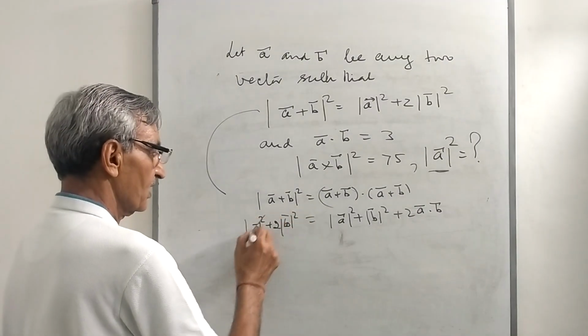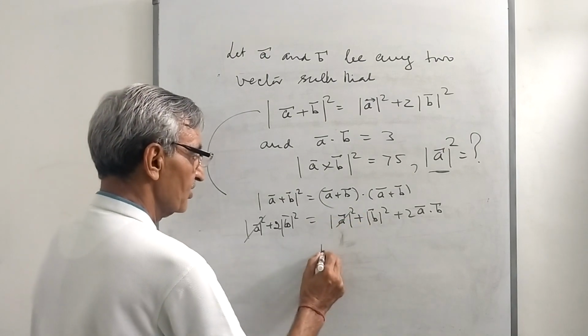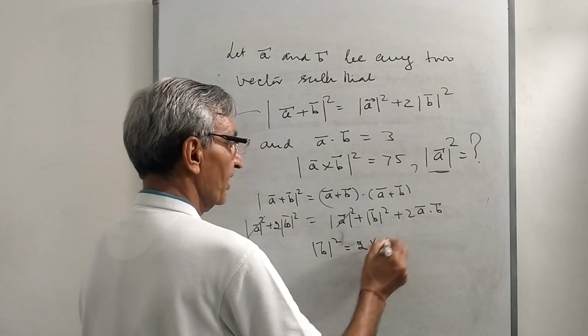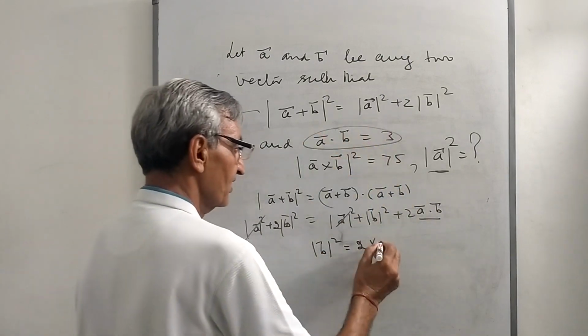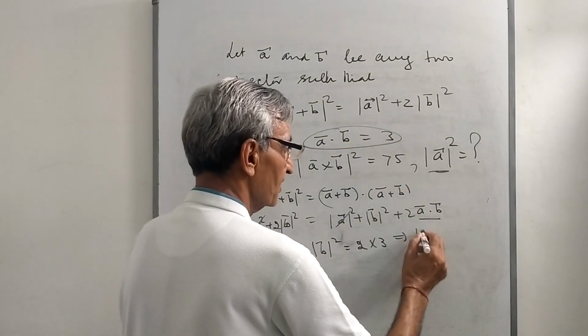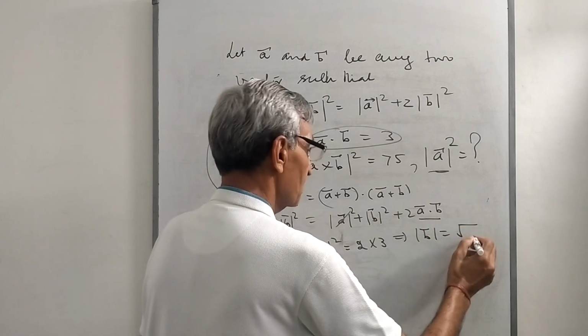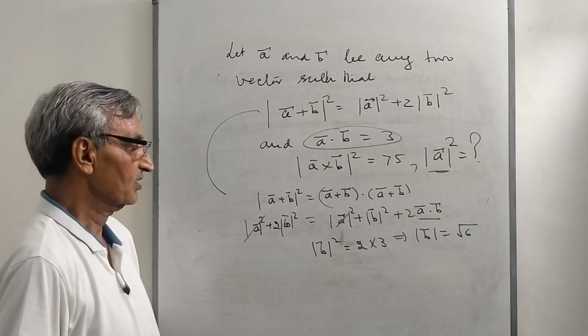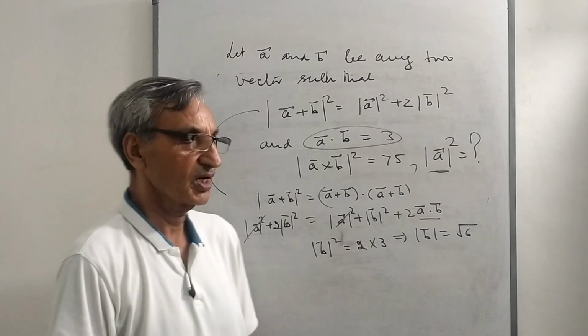Friend, cancel this, and magnitude of B square is equal to twice A dot B. A dot B given is equal to 3. Therefore, magnitude of B is equal to under root 6.